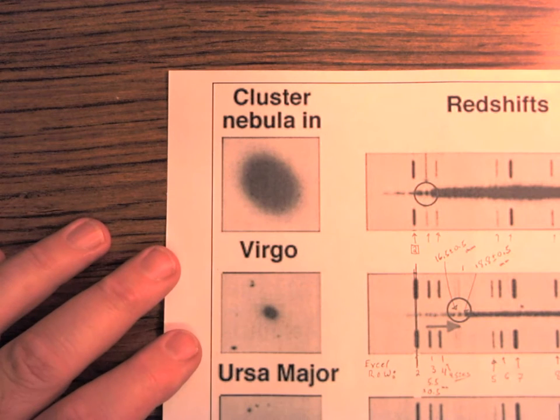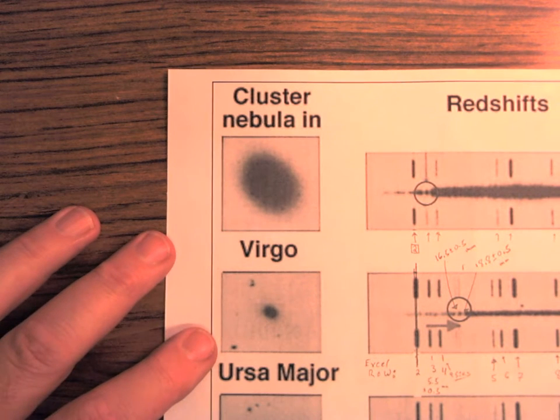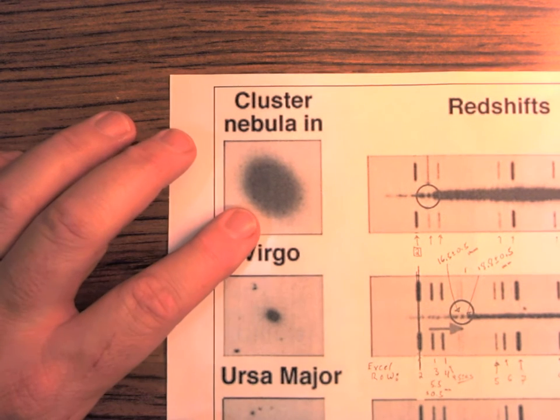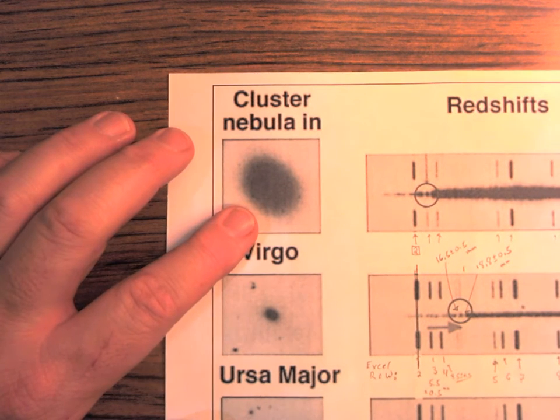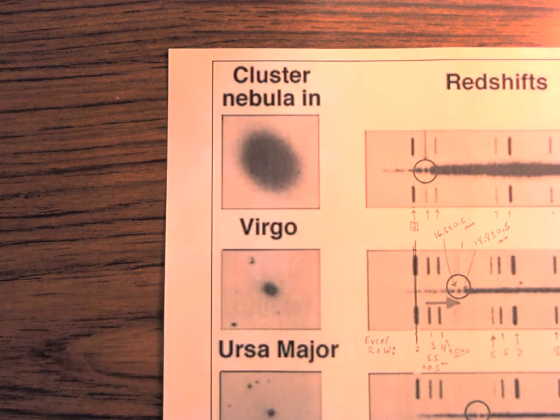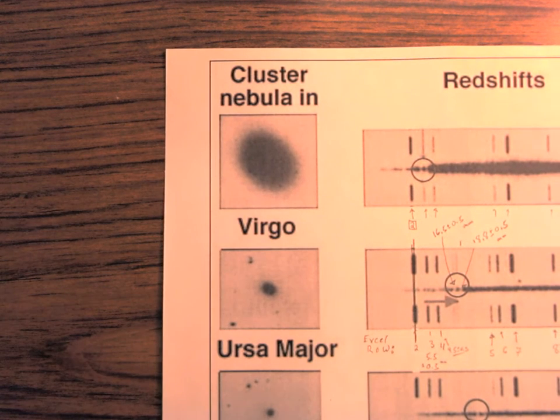They also picked a representative galaxy that was the biggest galaxy in each one. That's what's called a giant elliptical, or a cD galaxy, and they picked it for each one. So they should ideally be the same physical size. They might not really be the same physical size, but we're going to make that assumption.